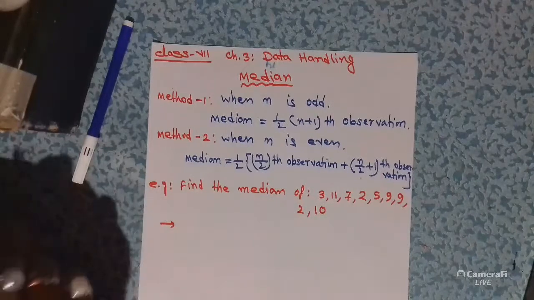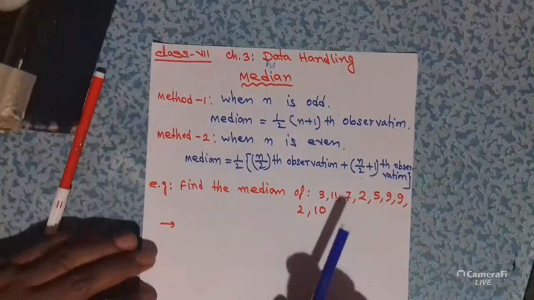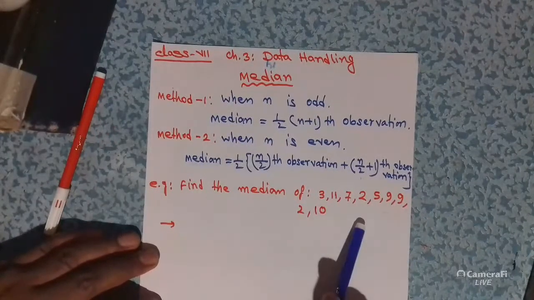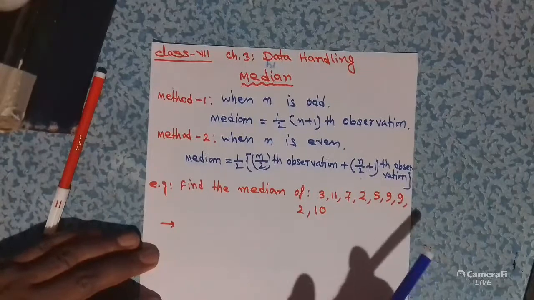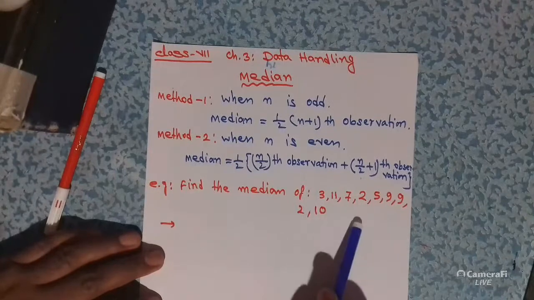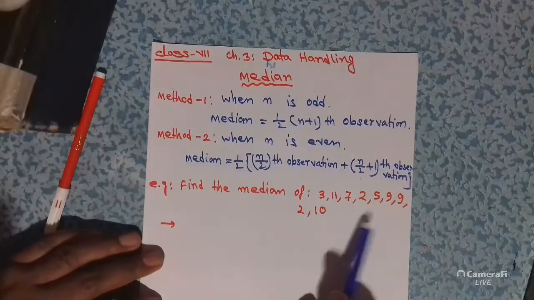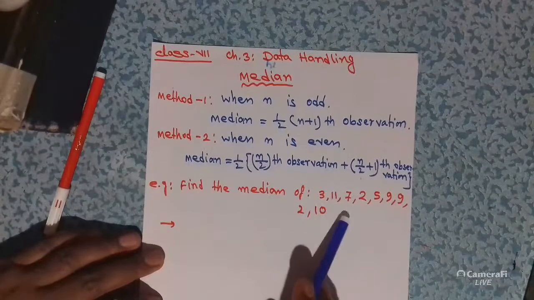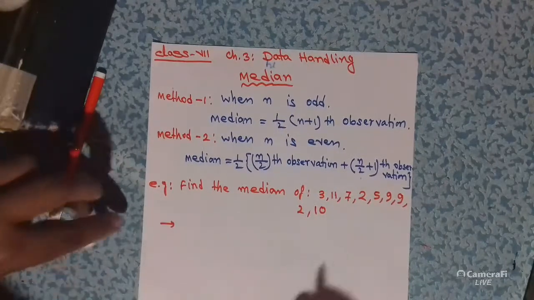So you have to find the median of these observations. At first you must arrange these numbers in ascending order. Students, always remember that you must arrange these numbers in ascending order.